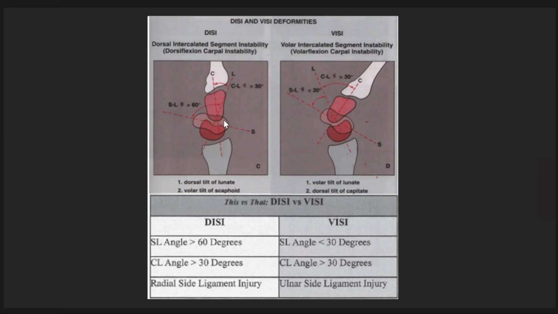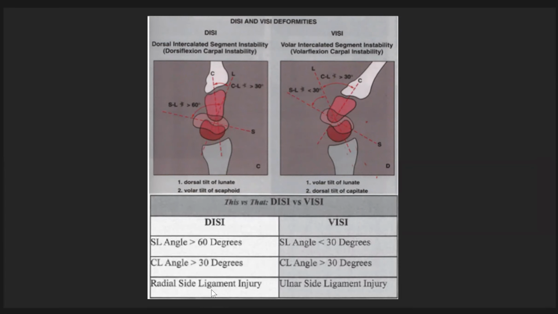The scapholunate angle in DISI is more than 60, and the scapholunate angle in VISI is less than 30, and the capitolunate angle in DISI is more than 30, and in VISI is less than 30.